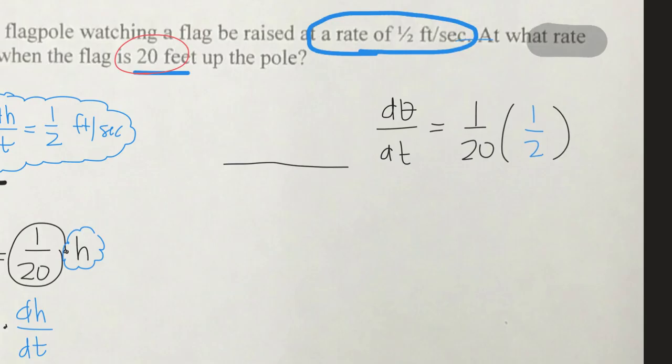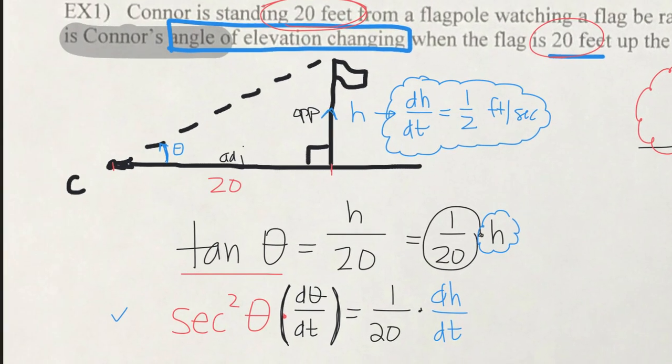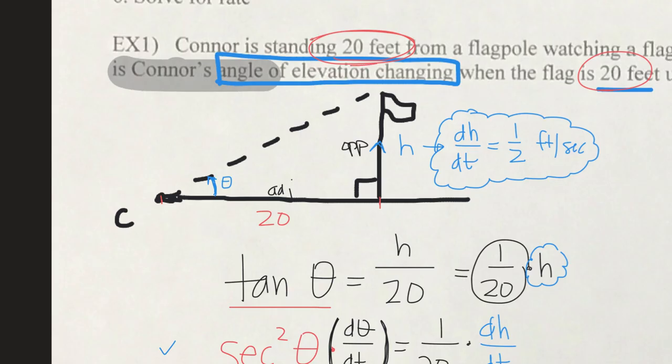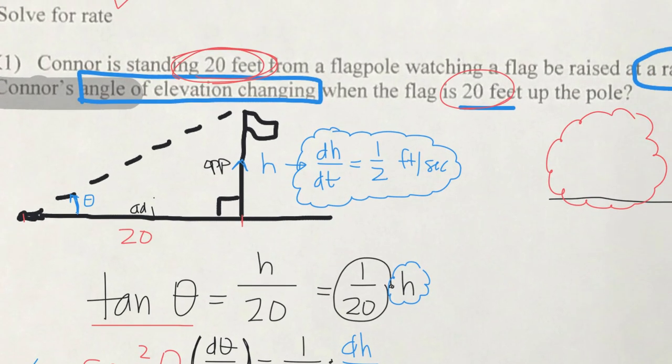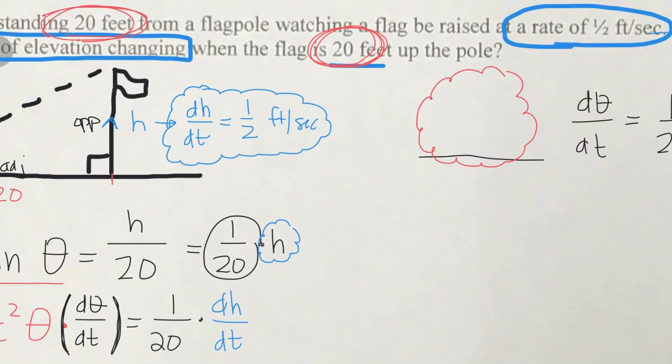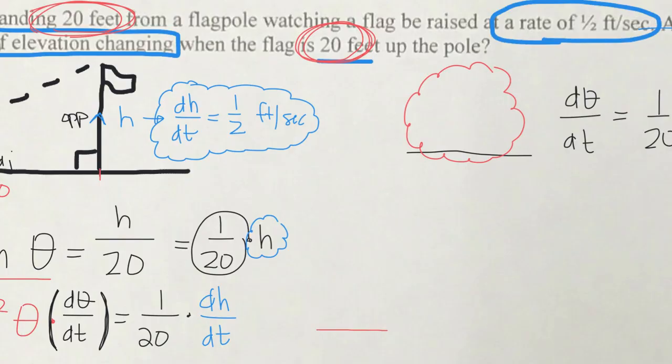So there's your dh dt, the rate at which the height of the flag is changing. So we have to come back and do some work in order to get our secant. This is where we know that he's 20 feet away, and the flag is 20 feet up the pole. So let's draw that instantaneous situation.